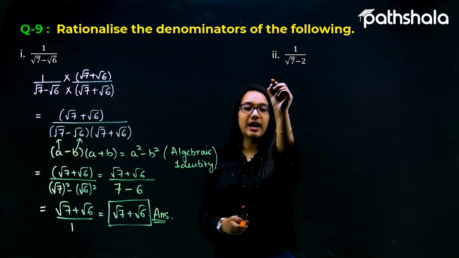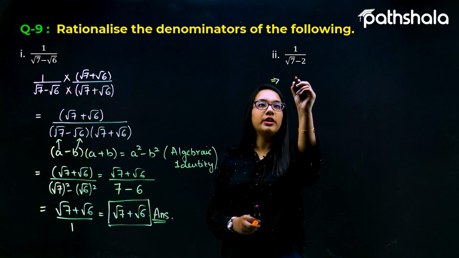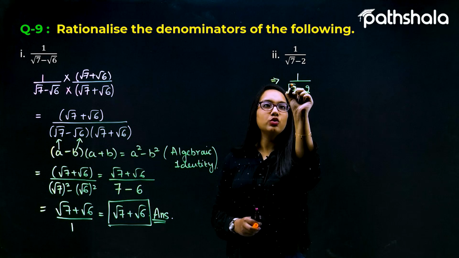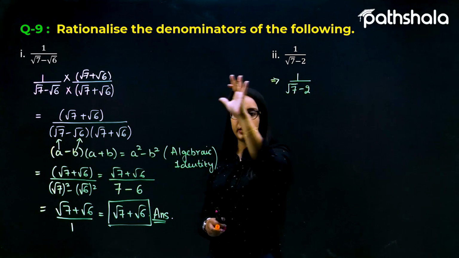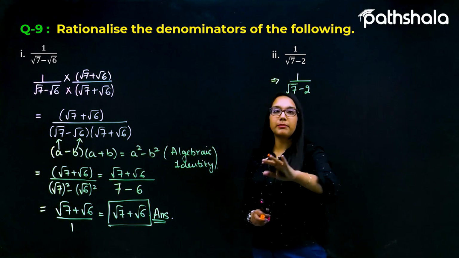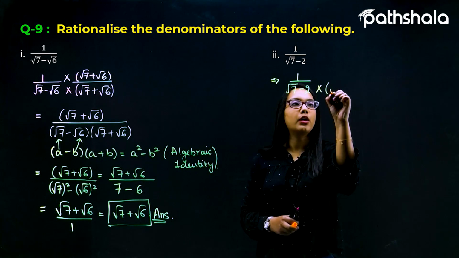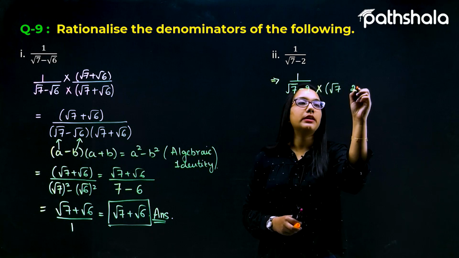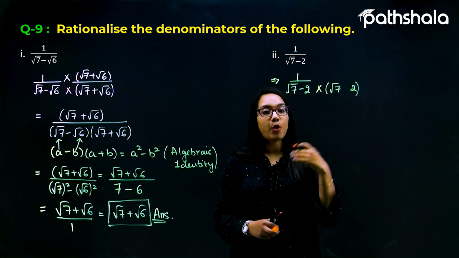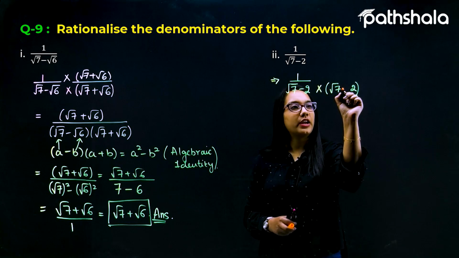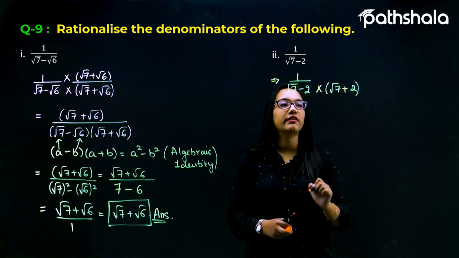The second part says we have to rationalize the denominator of 1 by root 7 minus 2. Now we will use the same concept as we did before. We will multiply this with root 7 and 2 but with the opposite sign. If we have negative over here, we multiply with the number that has a positive in between.